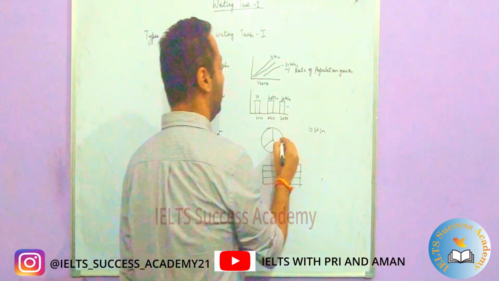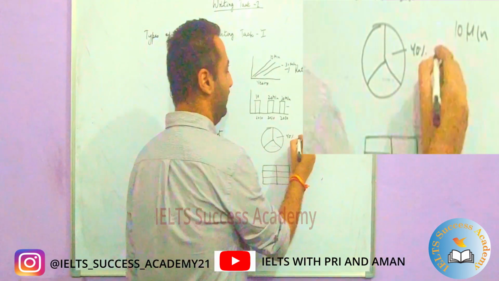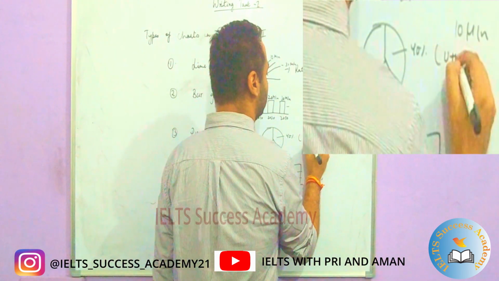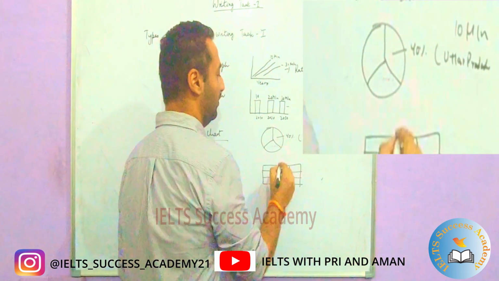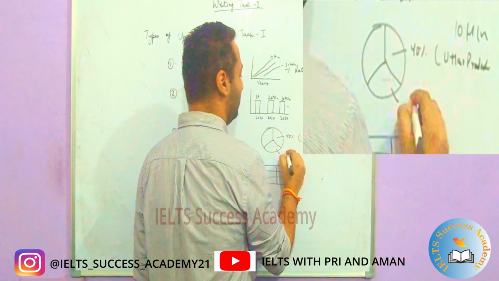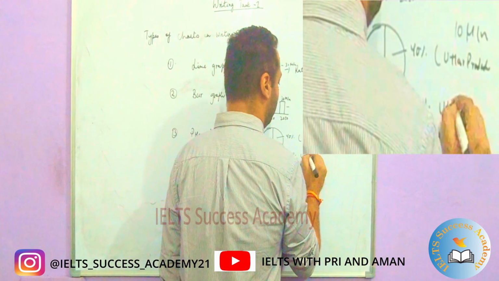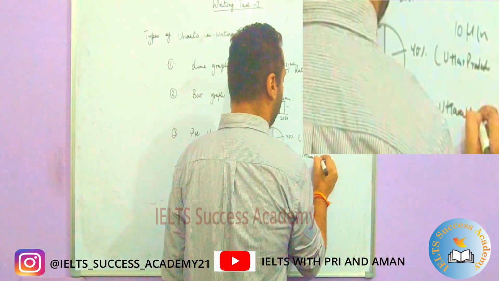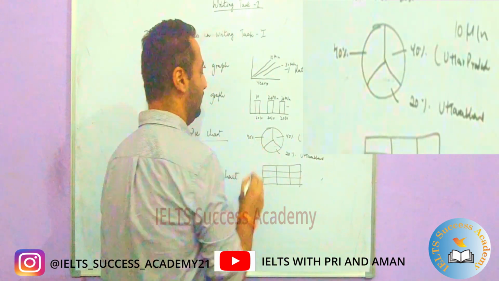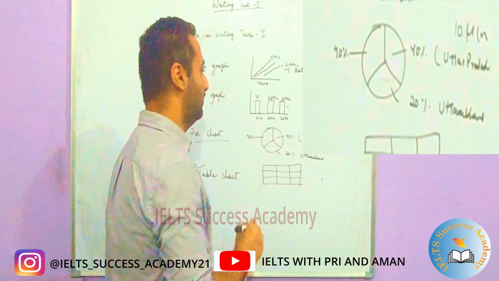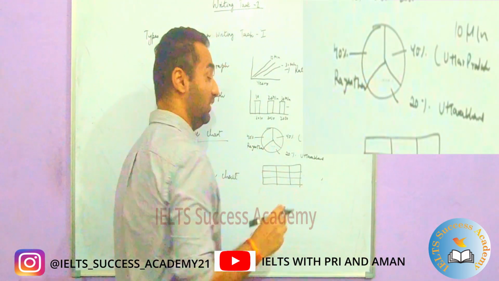Let's say 40% are in Uttar Pradesh, 20% in Uttarakhand, and the rest 40% in Rajasthan, or any other state.